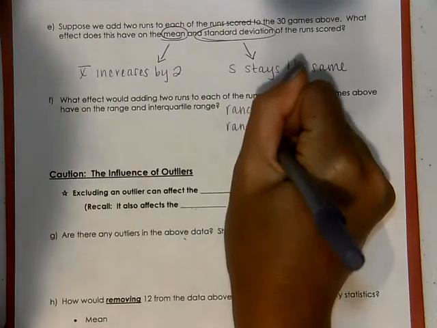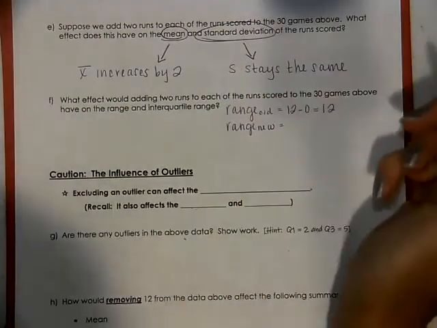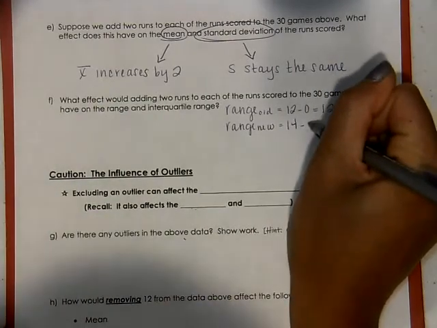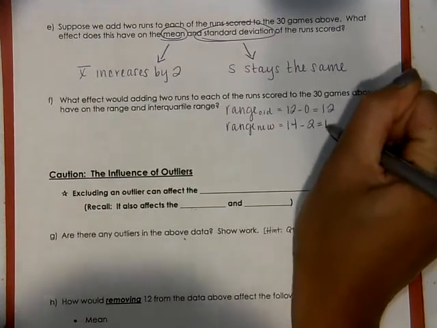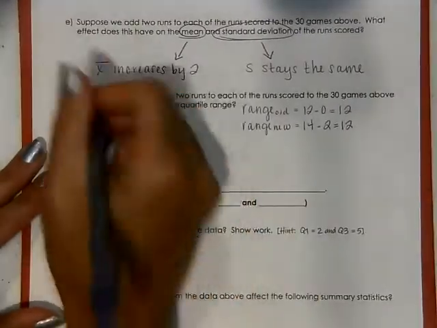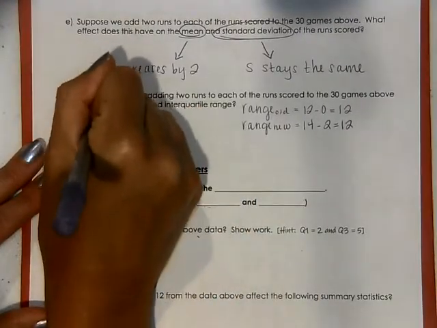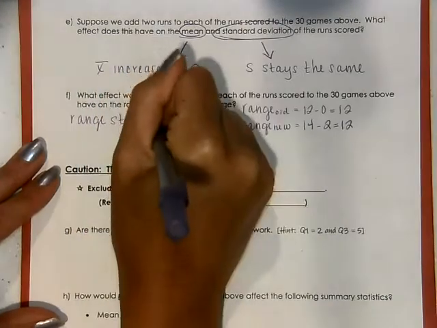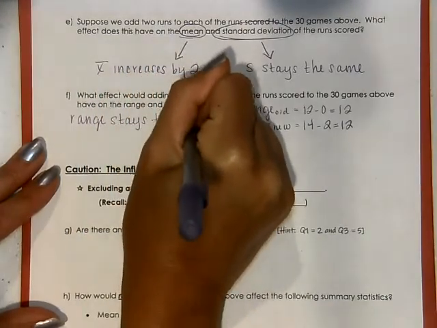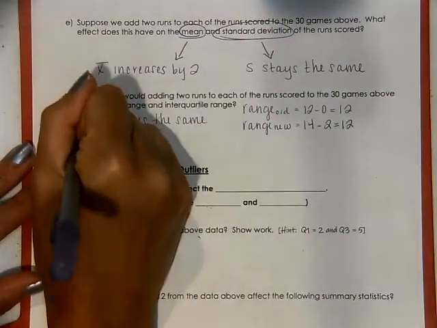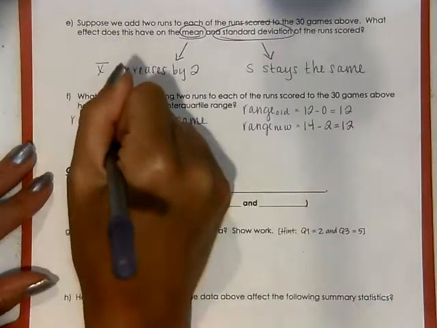Now, if I added 2 to all the data points, that means my new maximum would be 14, and my new minimum would be 2. My range is still 12. Okay, so what would happen to the range? The range stays the same. And in fact, the same thing would happen to the IQR. The IQR would also stay the same.